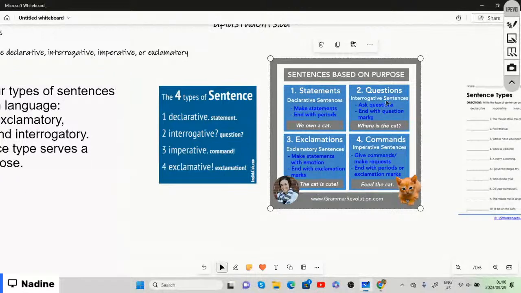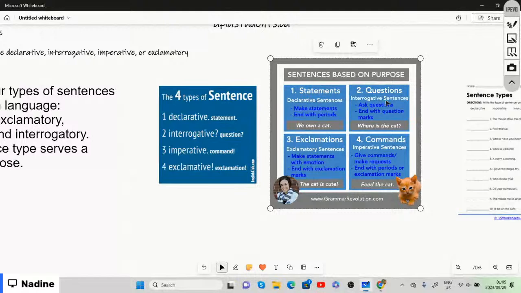So when it comes to statements, this is a declarative sentence. Declarative sentence, we said it makes a statement. And with a declarative sentence, the sentence ends with a period, a full stop. An example of a declarative sentence is, we own a cat.